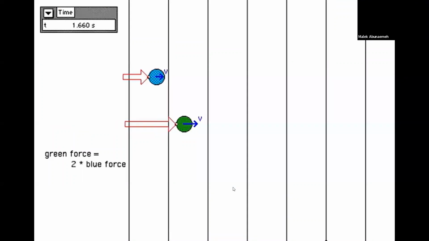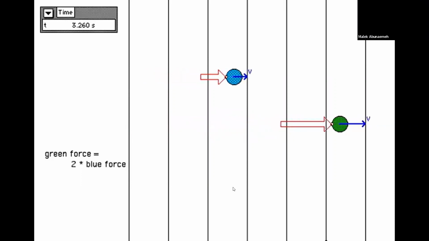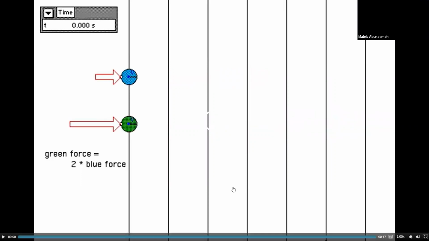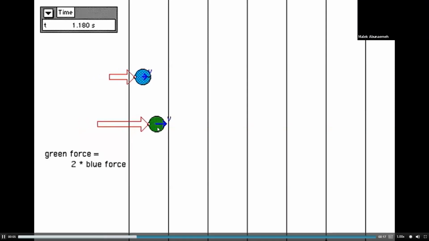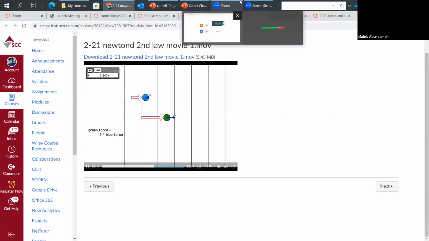They're both the same mass, but one of the objects has more force than the other one. Your green force has twice as much as the blue force. Notice that the acceleration that contributes to the velocity is increasing, because this little fellow over here has twice as much force as the blue fellow over here. Again, our acceleration increases, which increases the velocity for the one with more force.